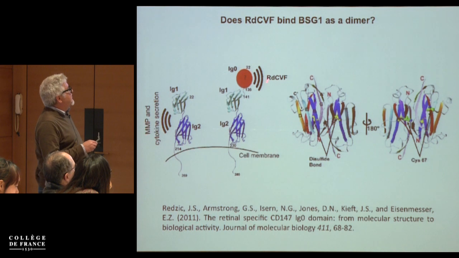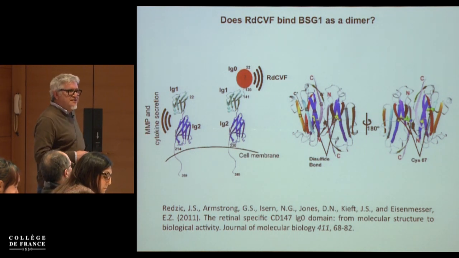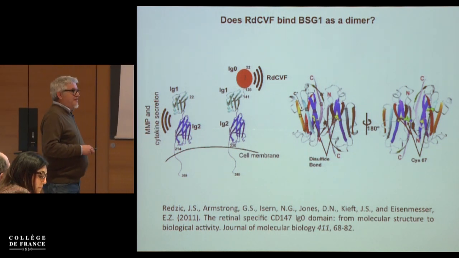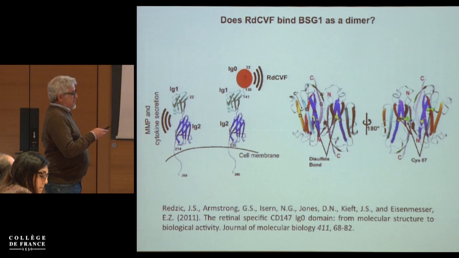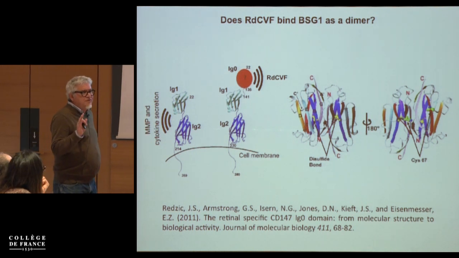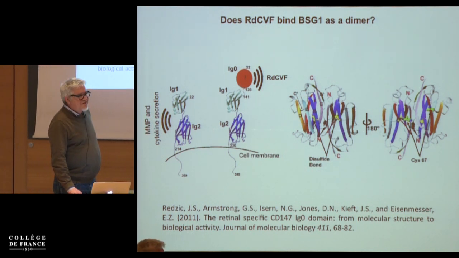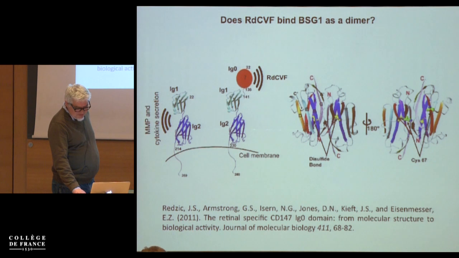So we know RDCVF is binding to this protein, but not to Basigin 2, which is a more ubiquitously expressed form of the Basigin gene. And obviously this exists as a dimer in solution. I don't know if it's an argument to add to my proposal. It was accepted before, so I don't have to insist on this.